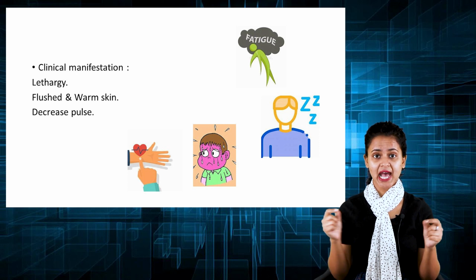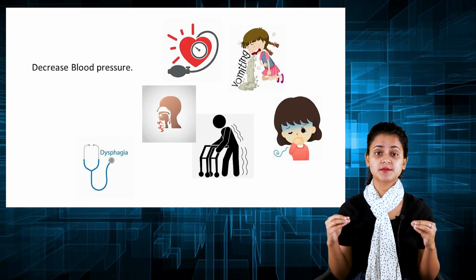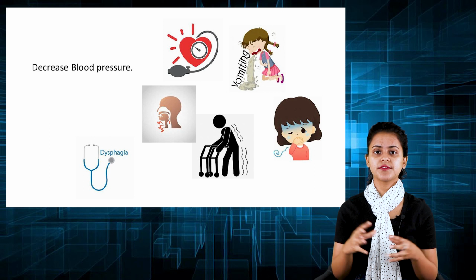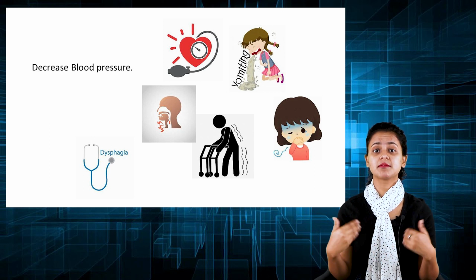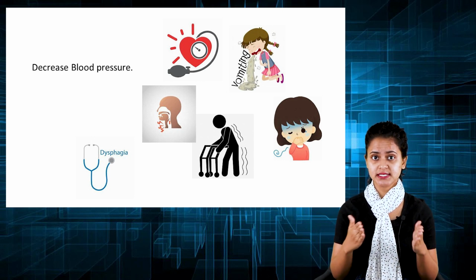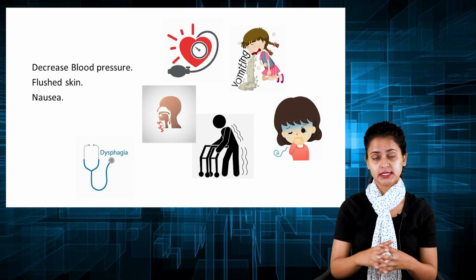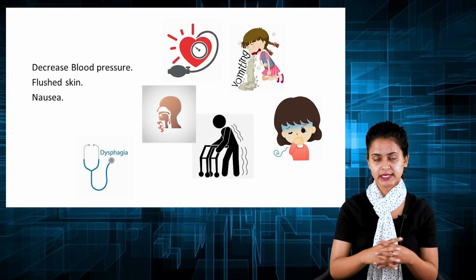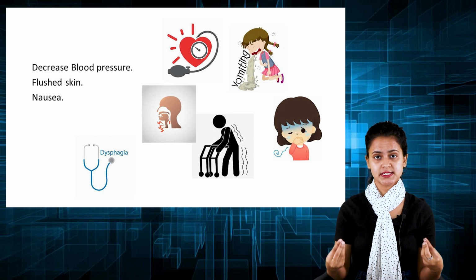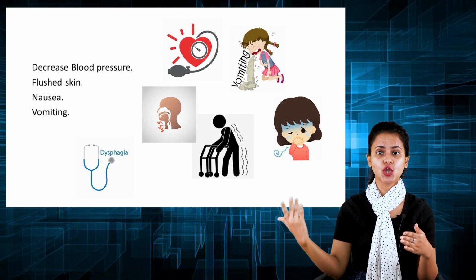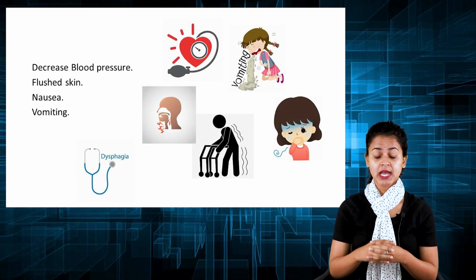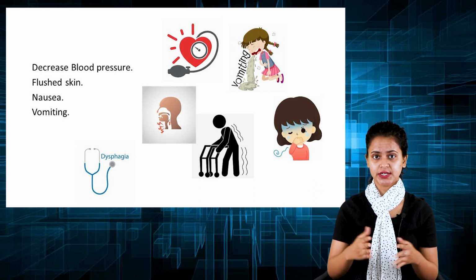Decreased pulse as well as decreased blood pressure is a very significant clinical manifestation associated with this condition. Often the client with hypermagnesemia presents with chronic nausea and vomiting.